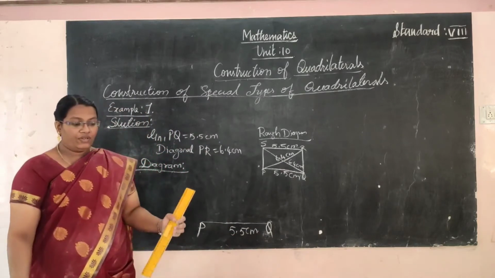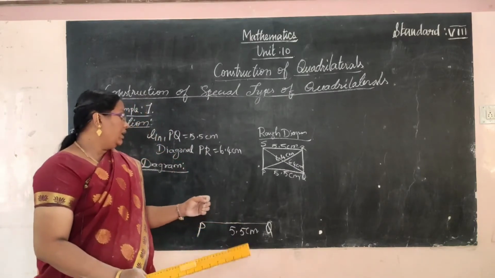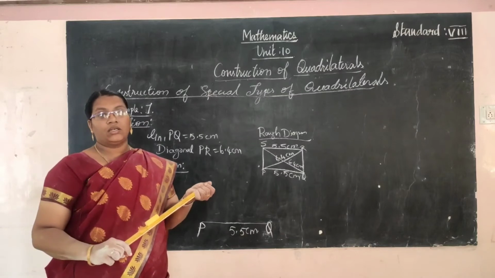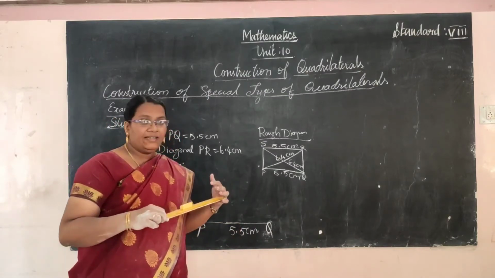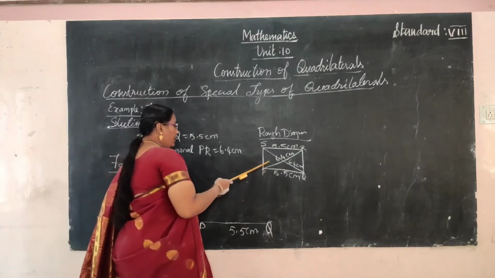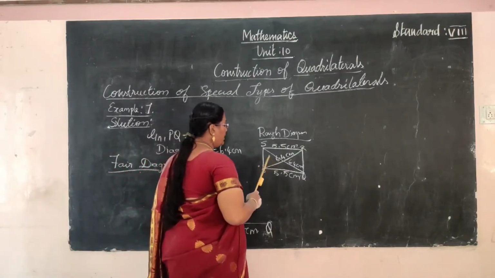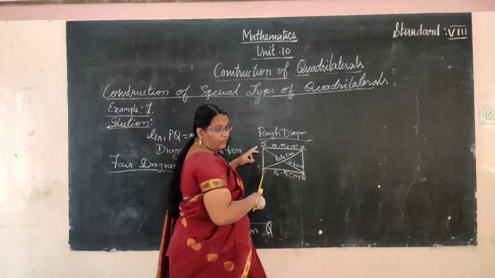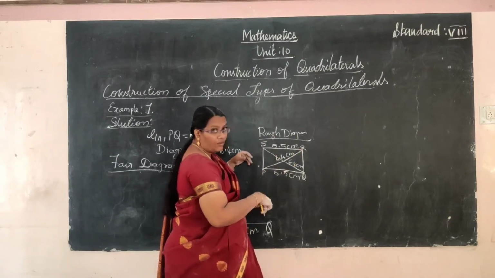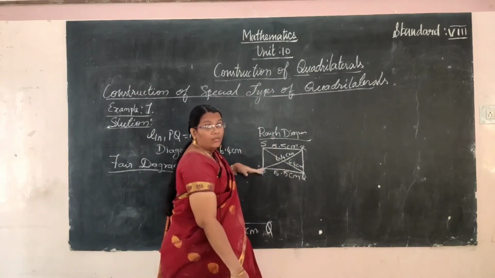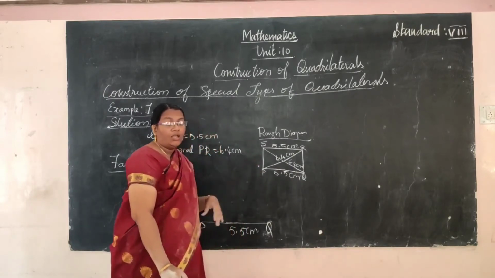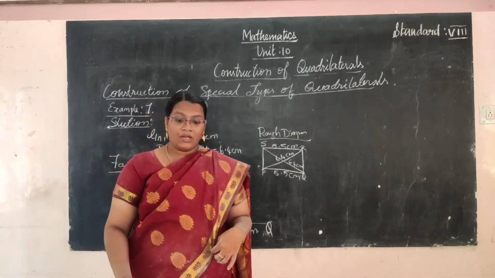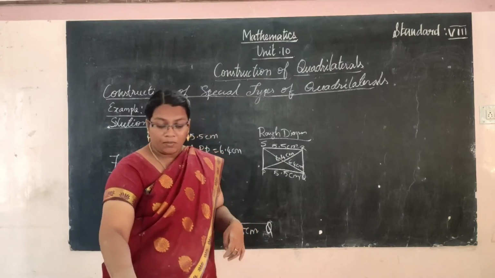After that we have to draw the perpendicular. Why do we draw the 90 degree? Because the angle of the rectangle is 90 degree. We didn't know the length of these two sides, so we draw the perpendicular, that is the 90 degree. You know how to draw the perpendicular using the compass.